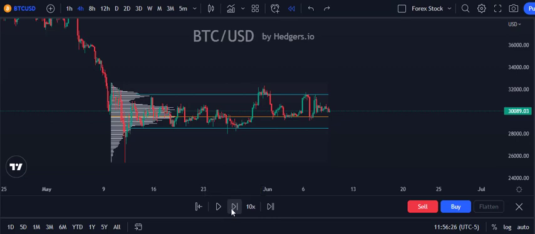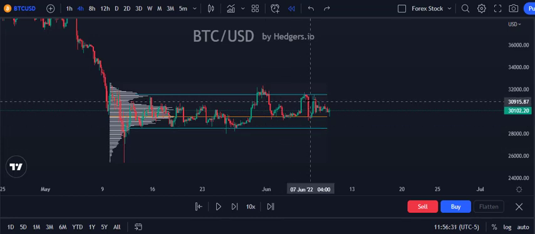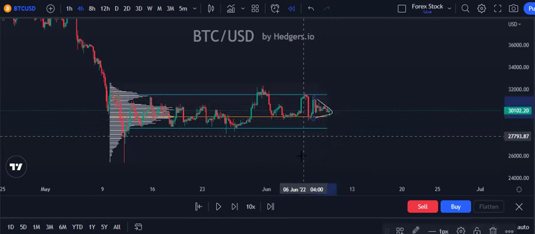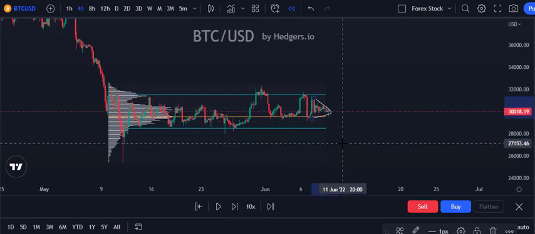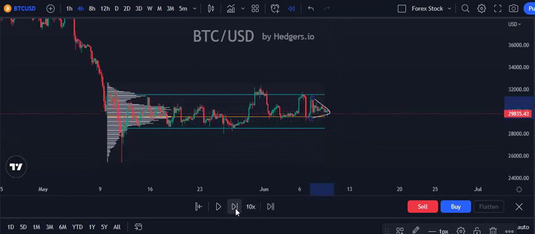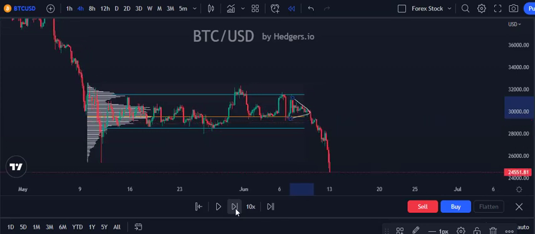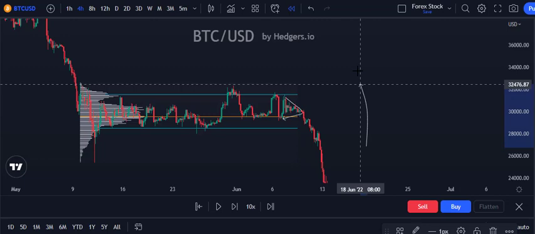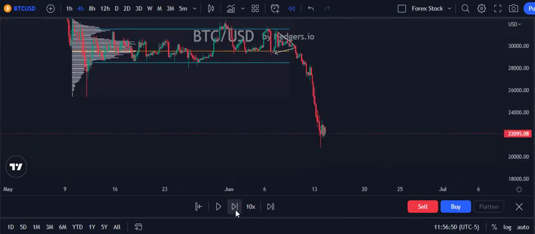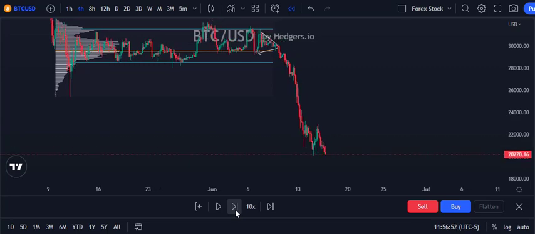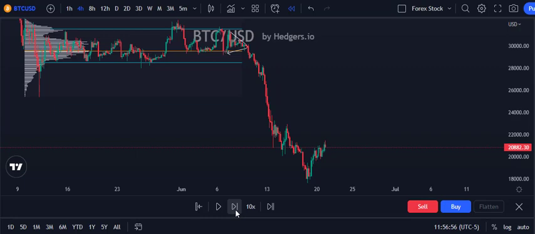You will be interested to know that it broke out exactly from this pennant that has been forming here to the downside. You see, and that was the heavy downtrend that happened once it broke out to the downside. This is why D-shape profiles are really helpful in your trading.